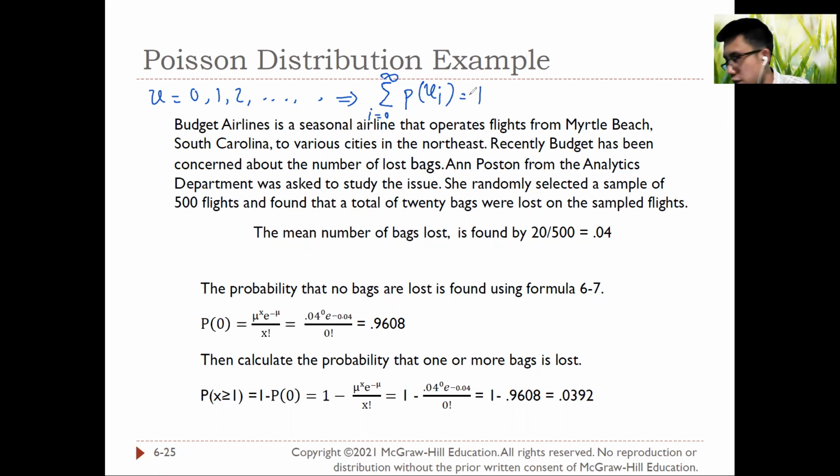So if we sum up all probabilities, the result must be 1.